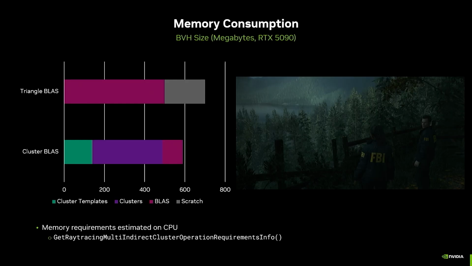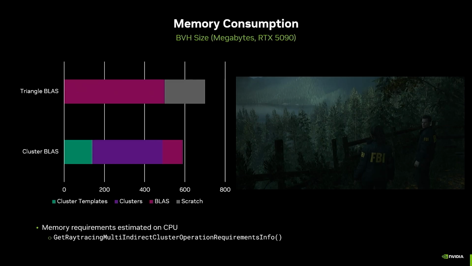There are some performance comparisons between triangles and clusters. Here's the memory consumption. There are some differences between hardware generations in the memory usage, but these numbers have been measured on Blackwell. The cluster BLASs don't require separate scratch memory for each BLAS to support the building, and this in effect reduces the total memory consumption with clusters to less than what is used for the triangle BLASs.